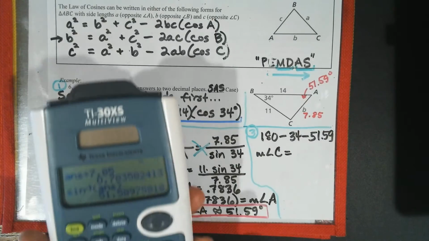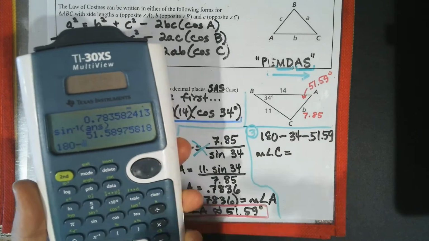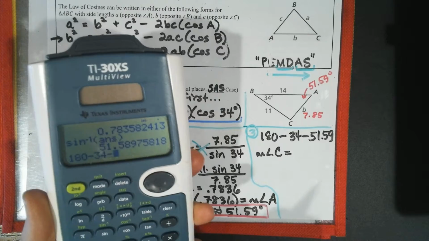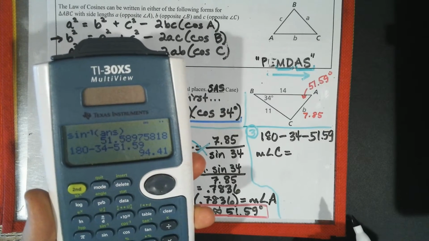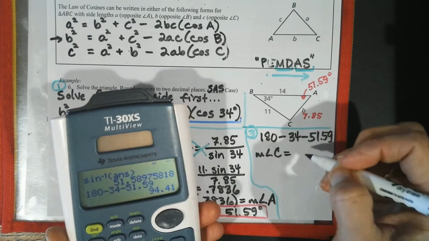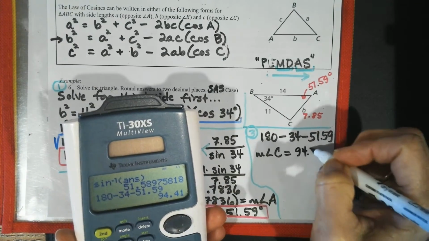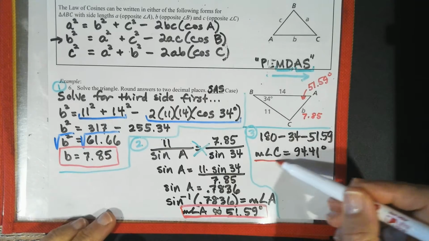Because the triangle sum theorem tells me 180 minus 34 minus 51.59 gives me 94.41 for angle C. I have now solved the triangle, all three.